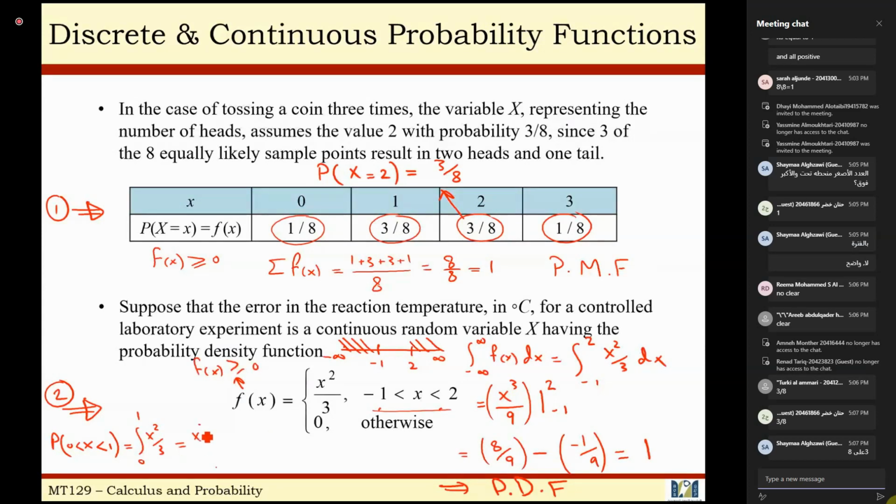This is equal to x to the power 3 over 9, substitute 1 and 0, so we have 1 over 9. So the probability x between 0 and 1 equals 1 over 9.